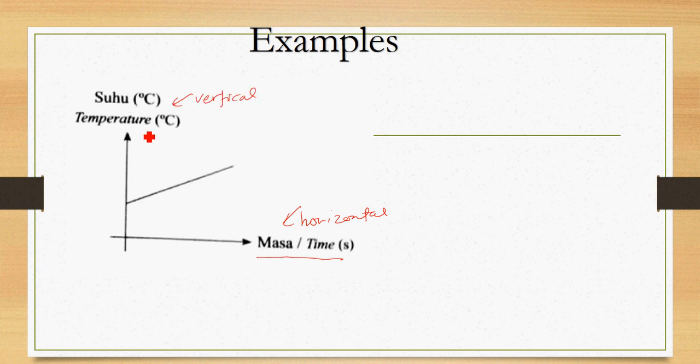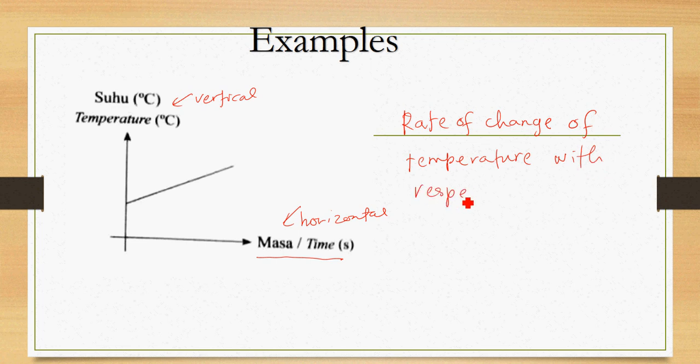The quantity shown here is temperature. So if you calculate the gradient of this graph, you are calculating the rate of change of temperature with respect to time.